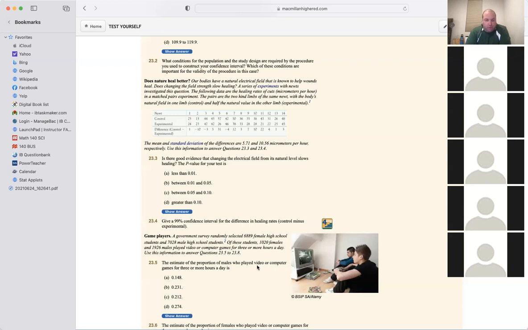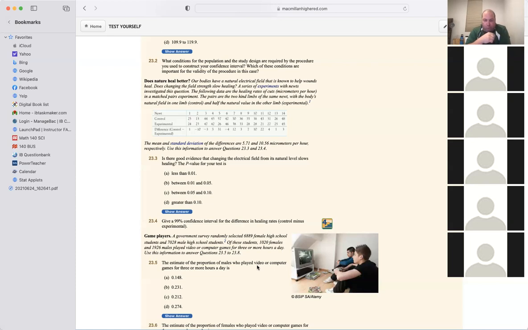Done. That's how long it should take. You want the interval, right? Read the question. What does it say? Difference of healing rates.